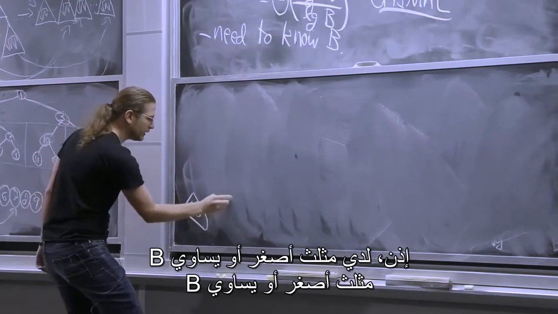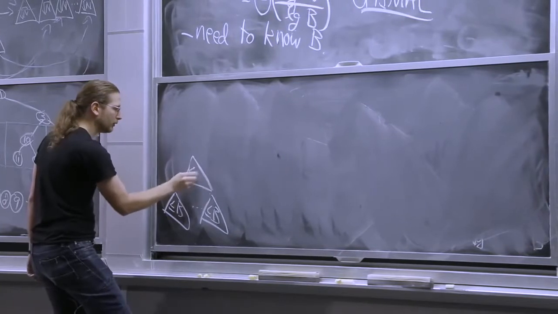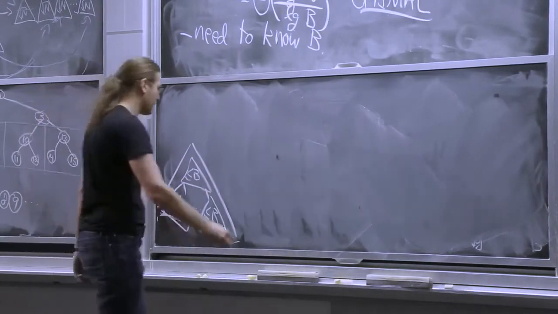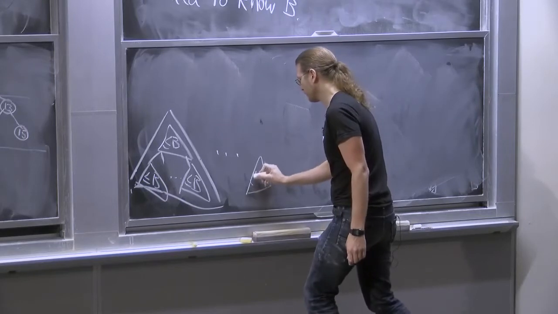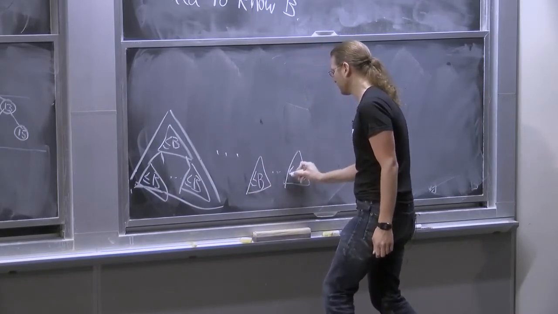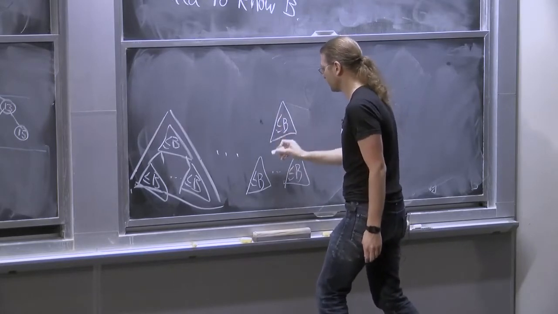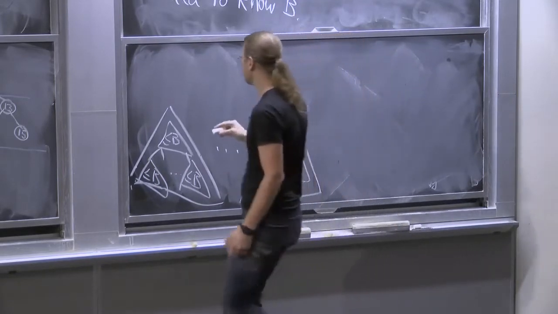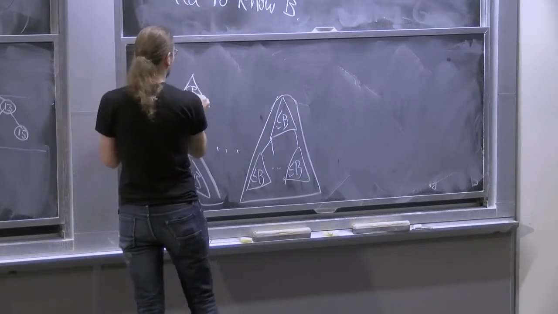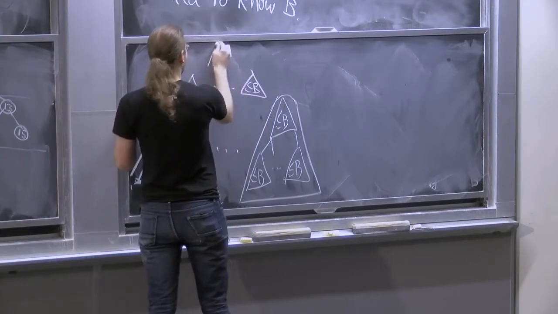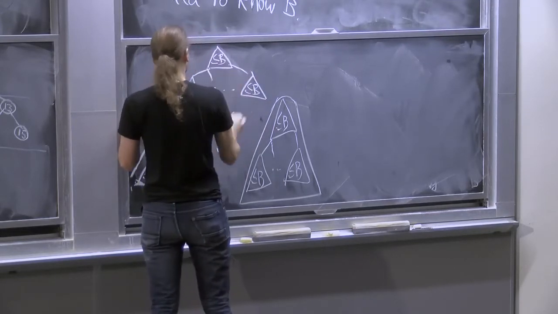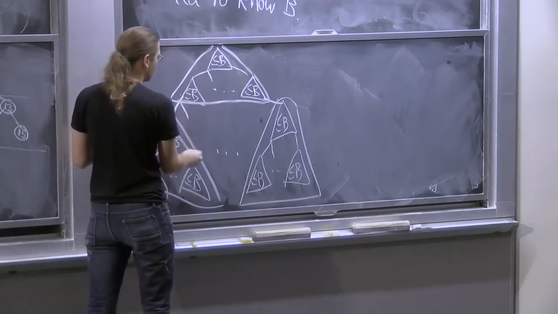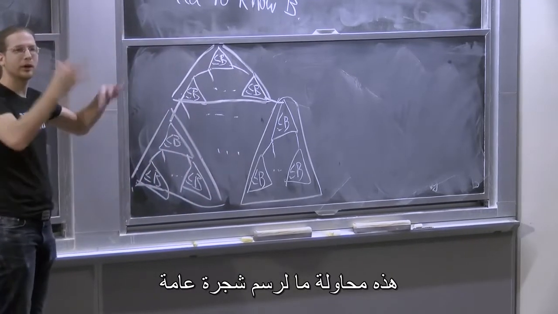So I've got triangle less than or equal to B, triangle less than or equal to B. Okay, this is some attempt to draw a general tree.